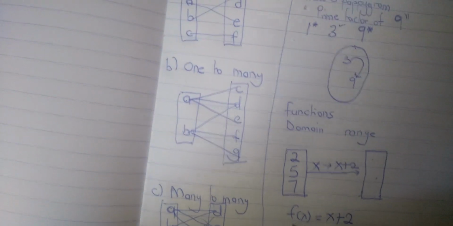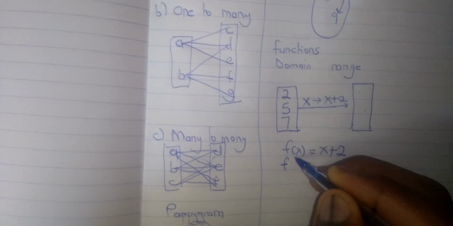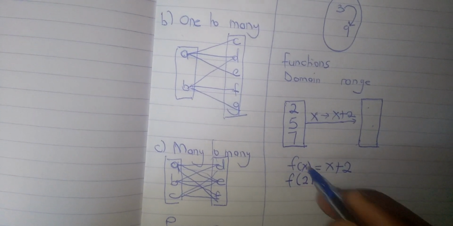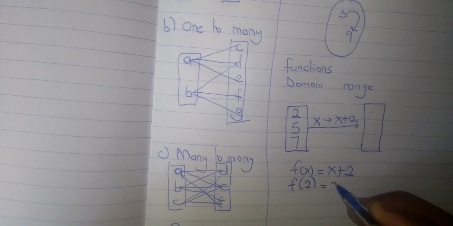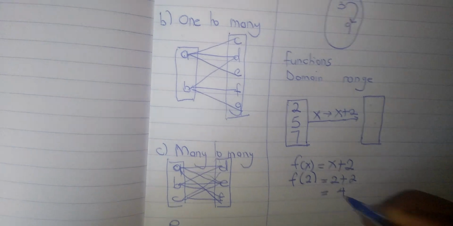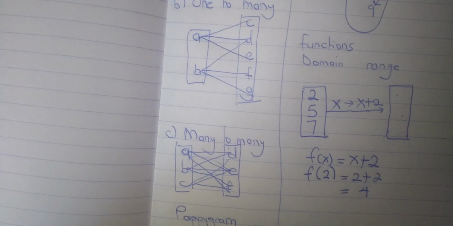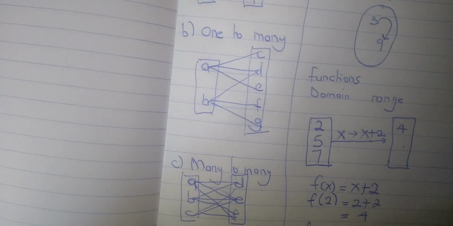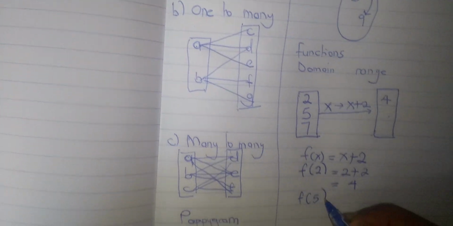So we shall look for f of 2. F of 2, where there is x, we just substitute in a 2. So this will give us 2 plus 2, which will give us 4. That is done. This is my 4. Then we look for f of 5.